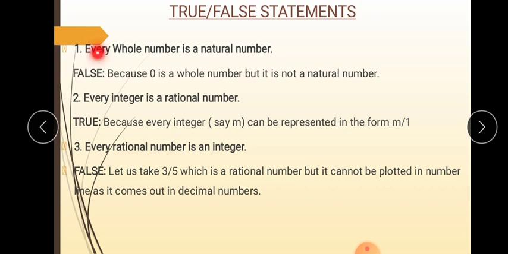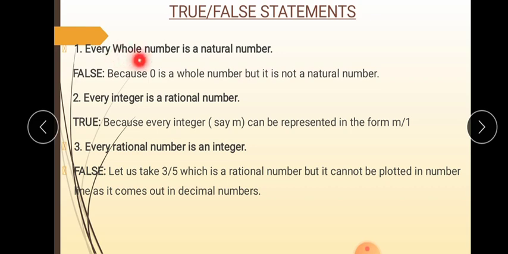First one: every whole number is a natural number. The answer is false. Why is it false? We know that whole numbers start from 0: 0, 1, 2, 3, and so on. So this is a set comprising whole numbers.